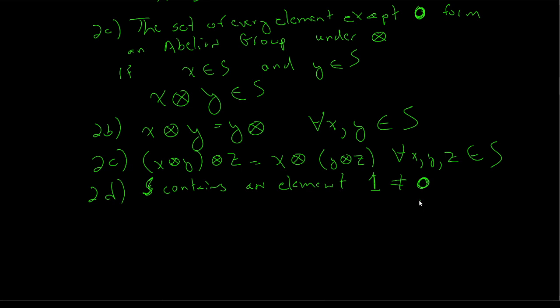So for these rules to be true, we have to exclude that one element doesn't equal 0. With our real numbers and their creation rules, the real and complex numbers with our creation rules, we didn't have this problem. 1 didn't equal 0. But because we get to define the sets we're working with, and we get to define the operations on them, we need to be aware that this cannot happen.